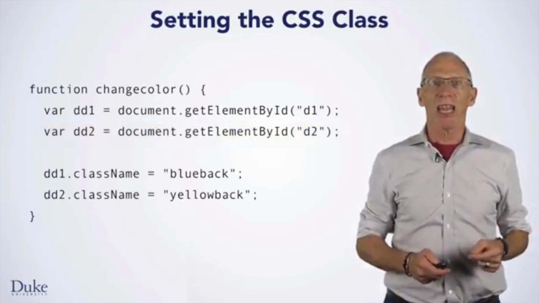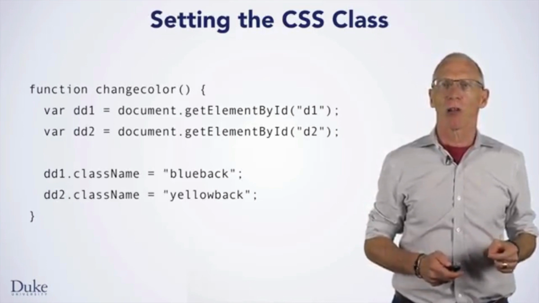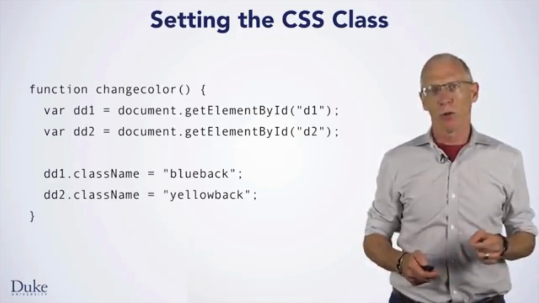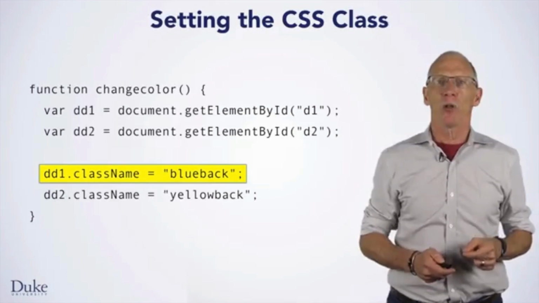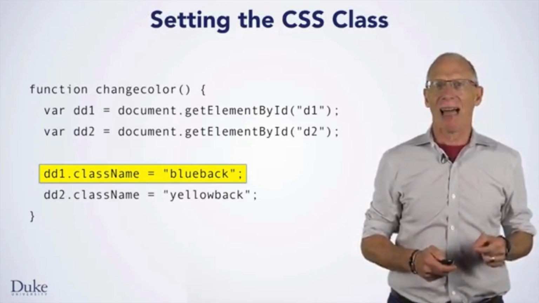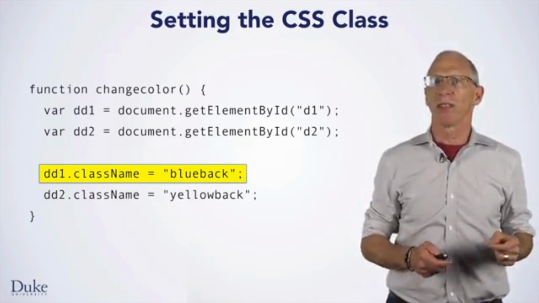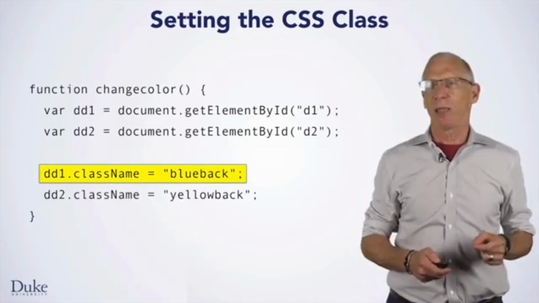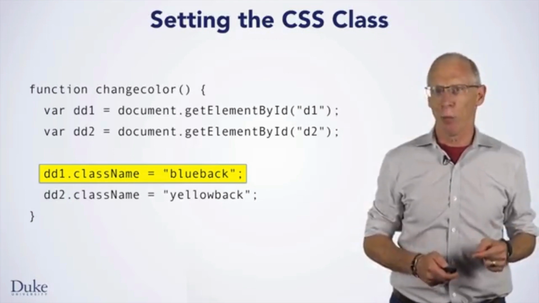Next, to change the background colors used in this page, we need to set the background color for each div. We'll do this by setting the CSS class for the div. The line of code dd1.className = Blueback is what changes the color of the div with the ID d1. Remember, this div was stored in the variable dd1.